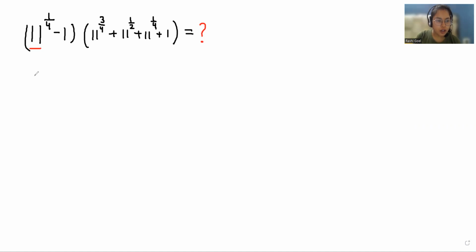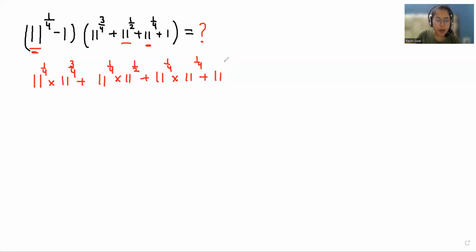So let's start. First you multiply 11^(1/4) multiply 11^(3/4), plus 11^(1/4) multiply 11^(1/2), plus 11^(1/4) multiply 11^(1/4), plus 11^(1/4) multiply 1.